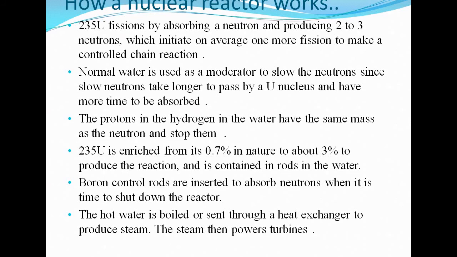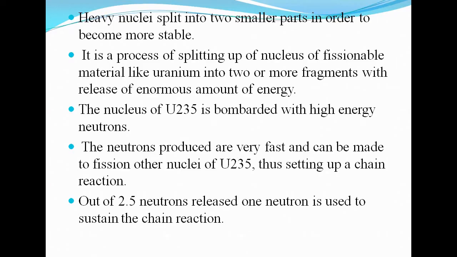Then next point is how a nuclear reactor works. Now uranium fissions by absorbing a neutron and producing 2 to 3 neutrons, which initiate on average one more fission to sustain a controlled chain reaction. So that we have seen in this figure.